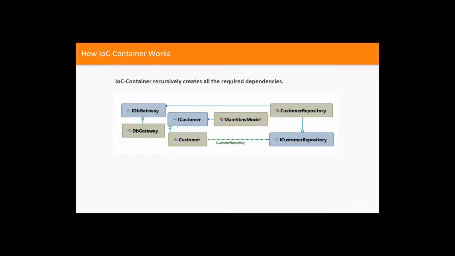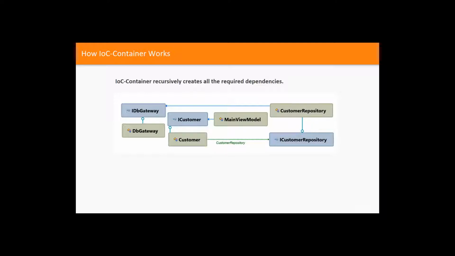But to create an instance of the CustomerRepository class, the container needs to resolve the IDBGateway, since the CustomerRepository depends on it. And finally, the IOC container will create the DBGateway. After that, the container will create CustomerRepository, then Customer, and then the main view model. So this is how IOC containers recursively resolve dependencies.